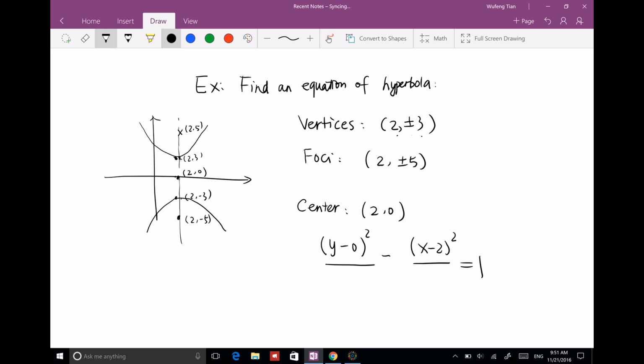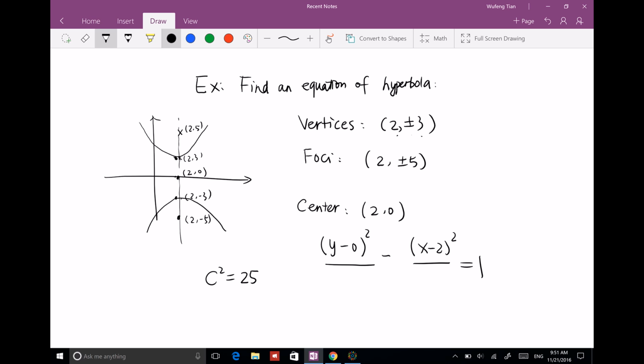Now you got the center: y is 0, x is 2. So I need to find the denominators of these two. What you can get from there is the y value of the foci is plus or minus 5. So you can say that c squared is equal to 25, and then solve for a and b from there.